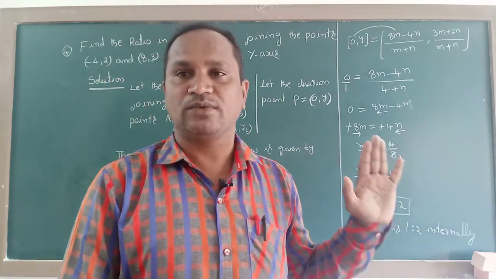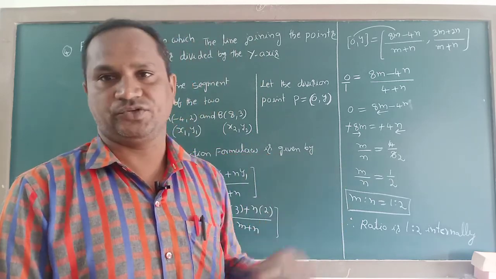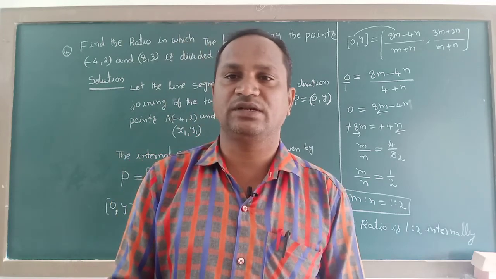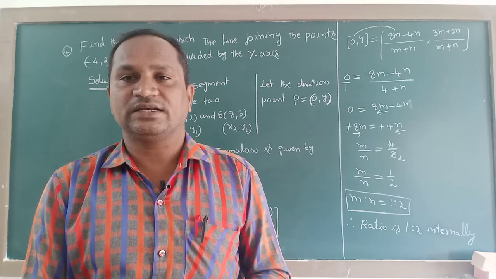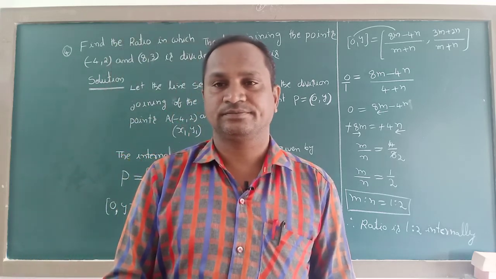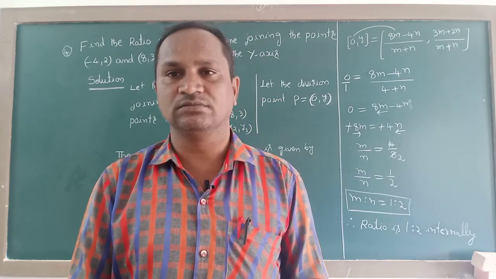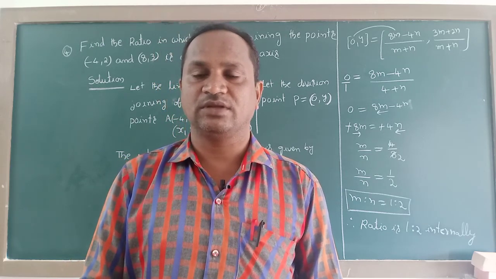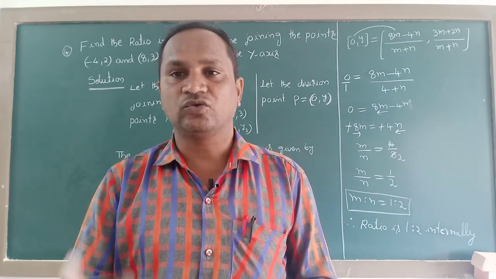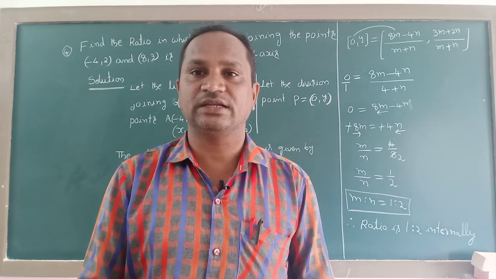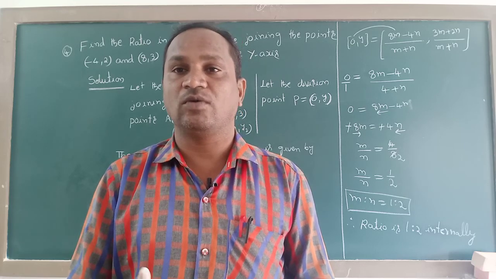At the same time, we have finished how to find the ratio when a line is divided by the y axis. Today we covered different types of problems on the coordinate system in a plane. In the next class we will solve more such problems, like area of a triangle and how to show that 3 given points are collinear using the area of a triangle, and different types of problems in the section formula too.